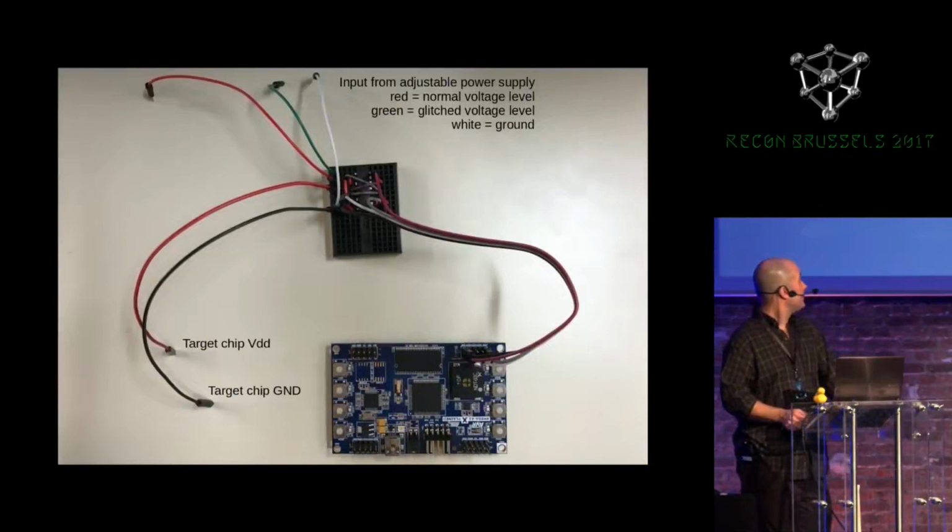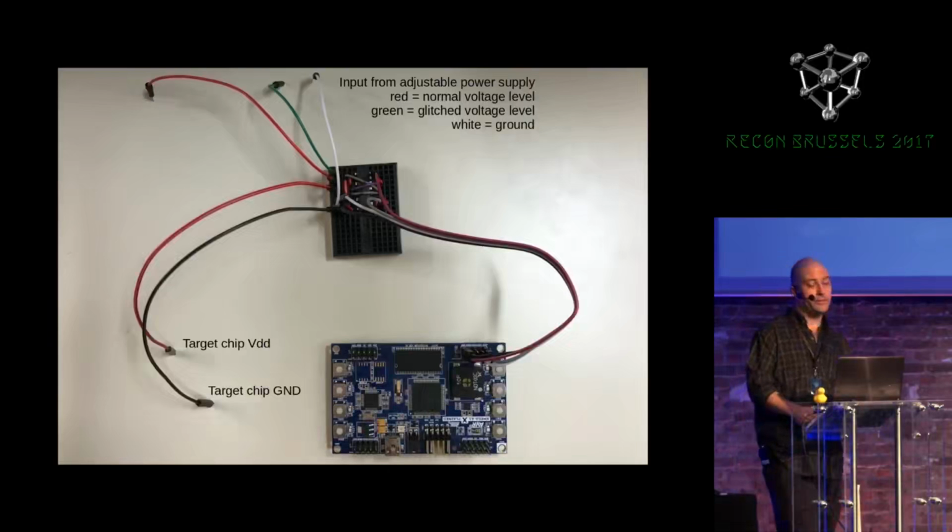So this shows the development board together with the breadboard with the glitcher circuit. This is essentially the whole glitcher circuit minus the target board with the LPC chip and without the power supply. At the very top, we can see where the inputs from the adjustable power supply will come from. The white wire is ground from the power supply.